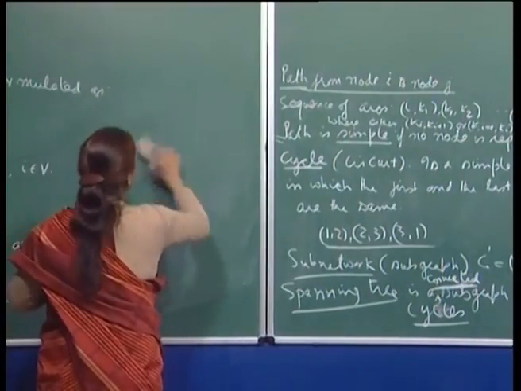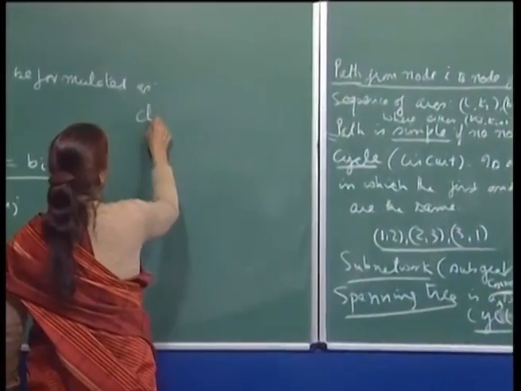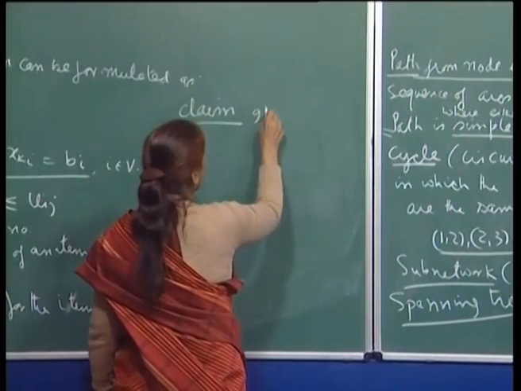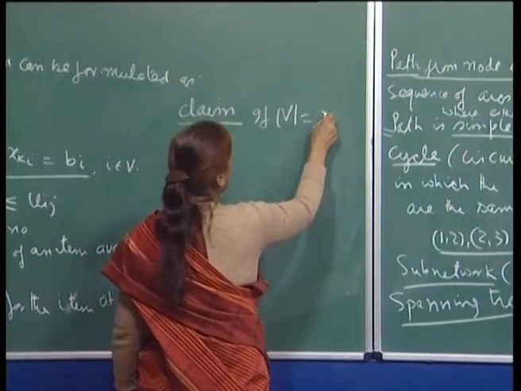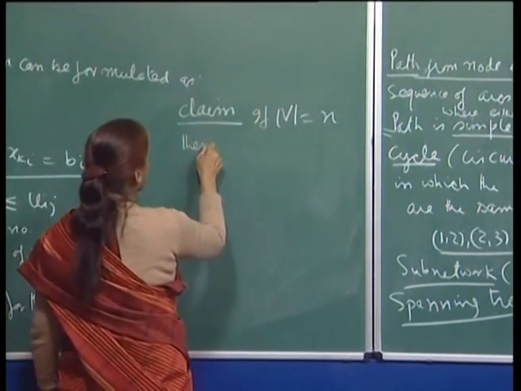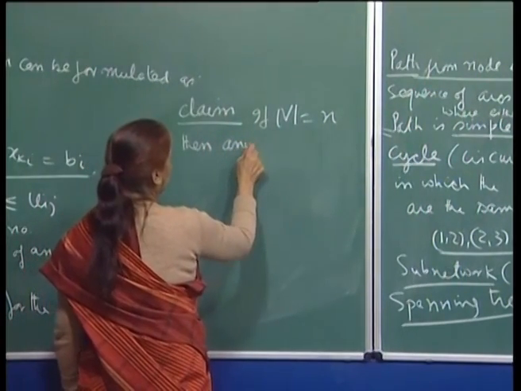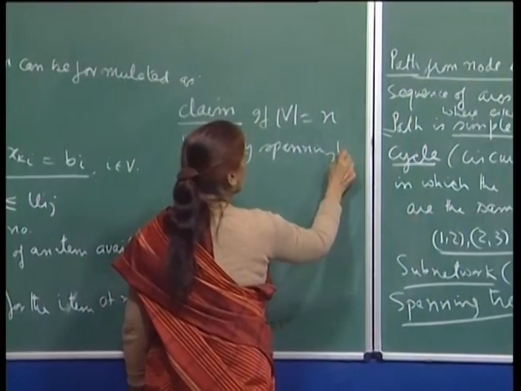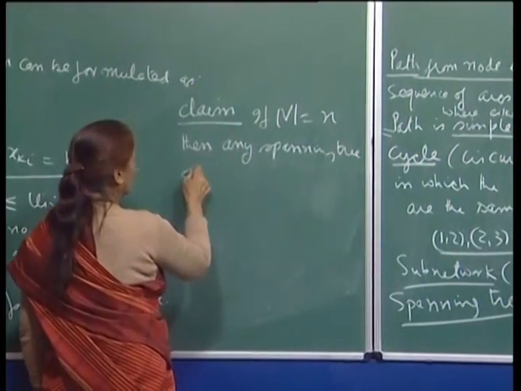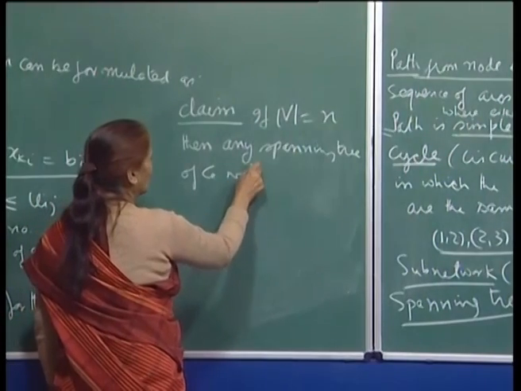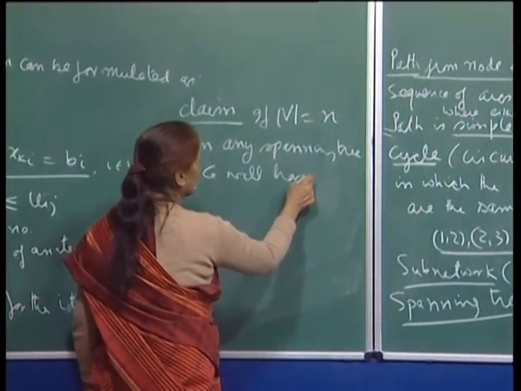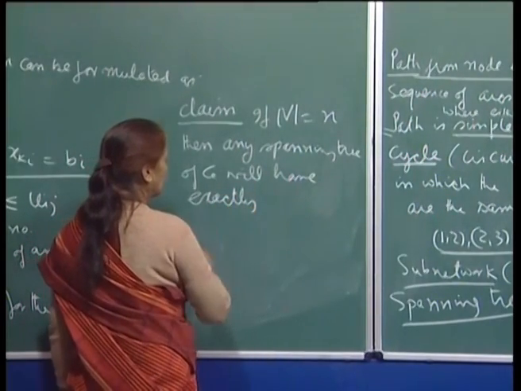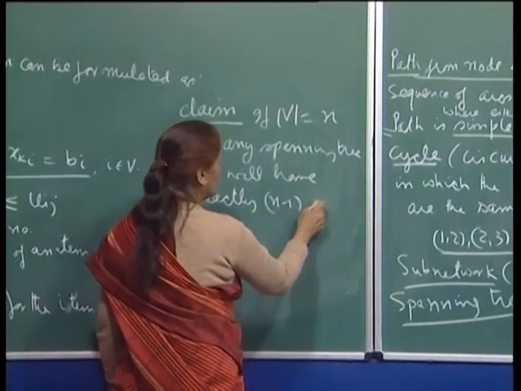The claim is, if the cardinality of V is n, then any spanning tree of G will have exactly n minus 1 arcs.